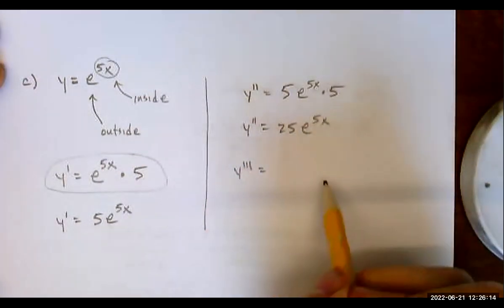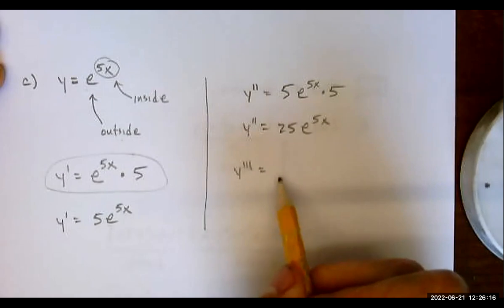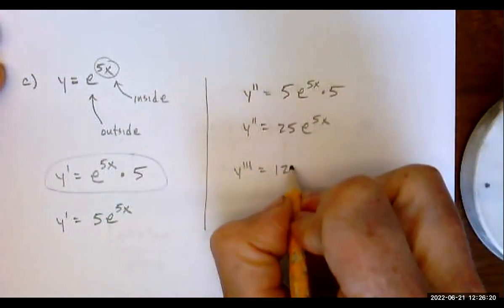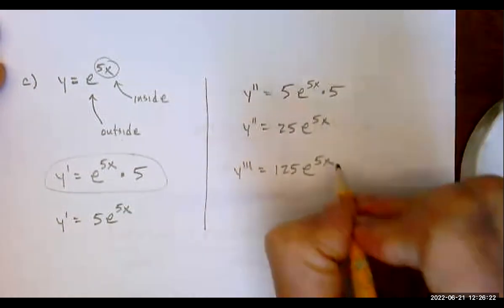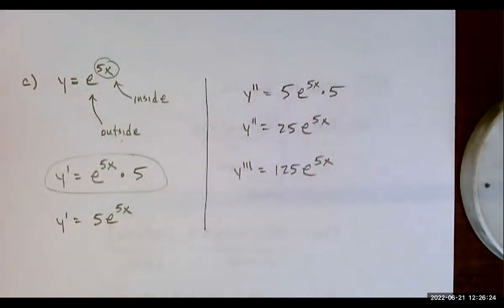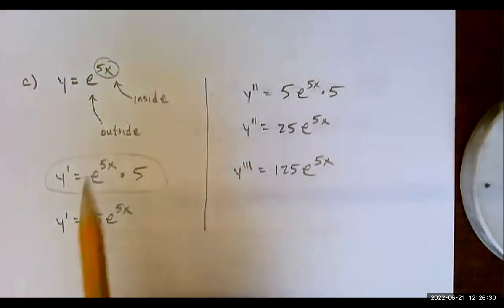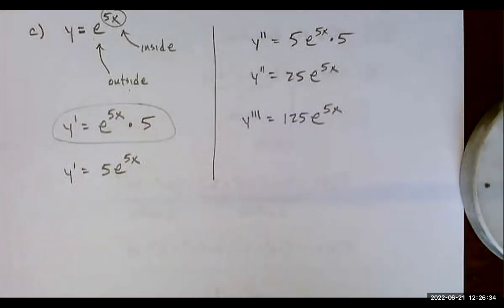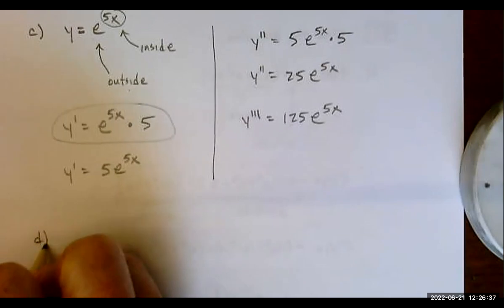So if we wanted another derivative, the 25 would come down, this derivative would be itself, but then we multiply by 5 again, 125 e to the 5x. So there's just this nifty pattern when taking multiple derivatives of something like e to the 5x. Okay, just wanted to point that out. Let's go on to part D.